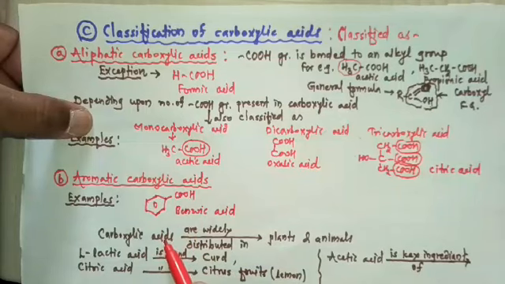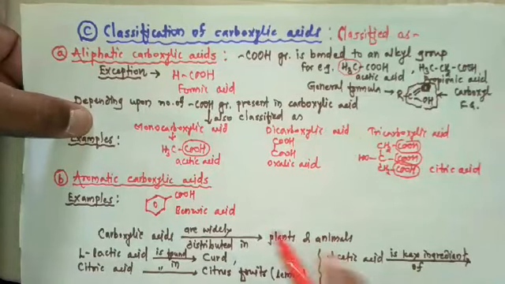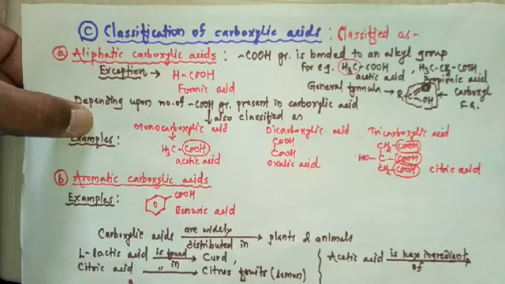These carboxylic acids are widely distributed in plants and animals. So in curd, L-lactic acid is found, while in lemon or citrus fruits, citric acid is found, while acetic acid is the key ingredient of vinegar.